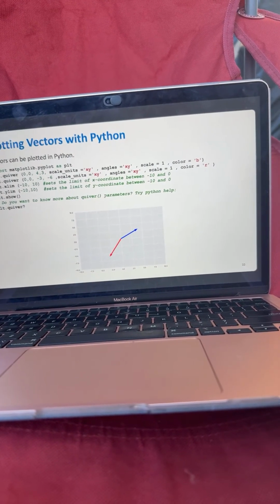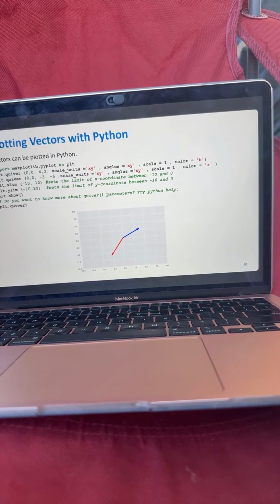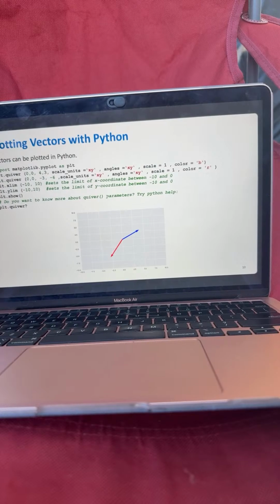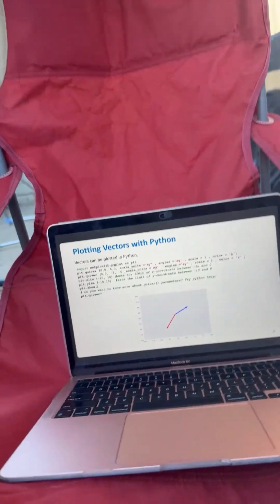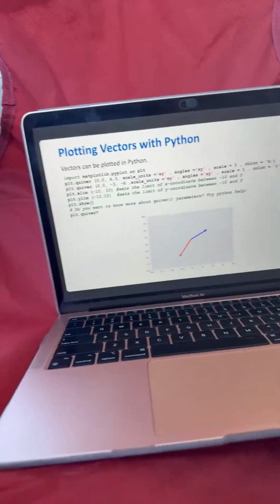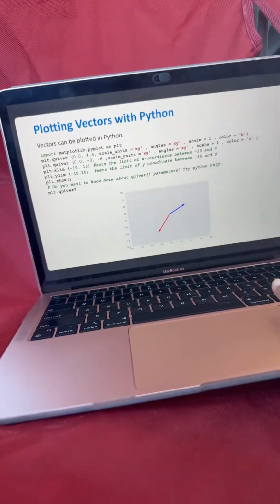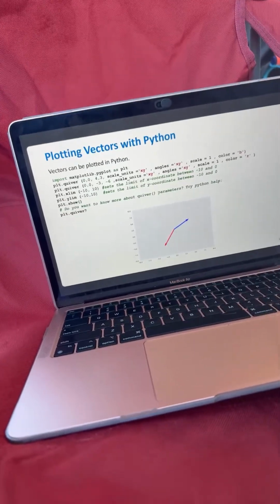And then you have to do plt.show in the end to get a graph. It won't work otherwise.